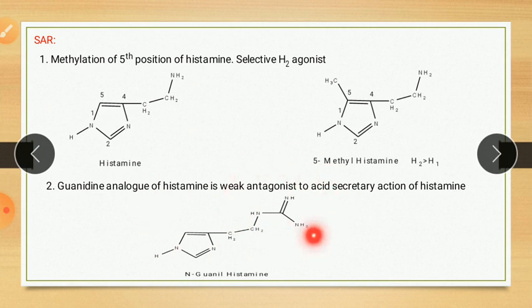So this N-guanyl histamine is a weak antagonist. Remember, histamine is an agonist, but if we attach a guanidino group here, then the activity changes from agonist to weak antagonist. So this N-guanyl histamine is a weak antagonist on H1 and H2 receptors.